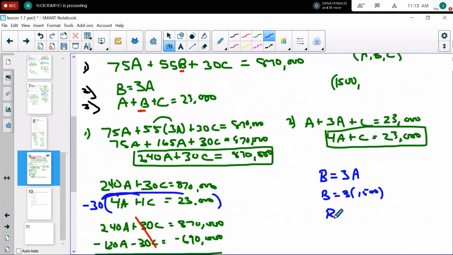And that means that B is equal to 4,500. I just did 3 times 1,500. We know it's a 3-to-1 relationship. So whatever A has, B is 3 times the size of A. So 1,500, 3 times the size of that is 4,500.